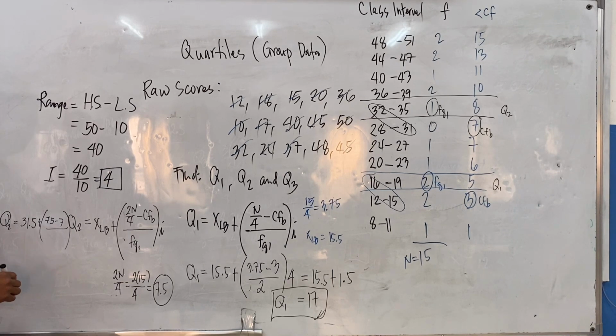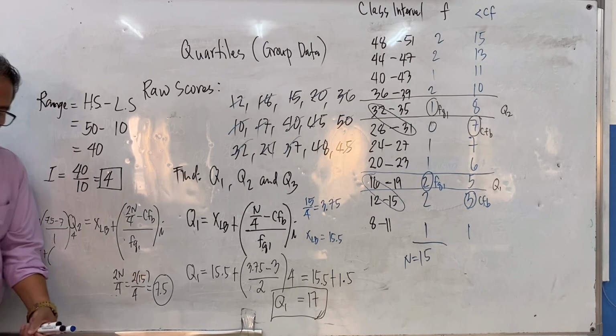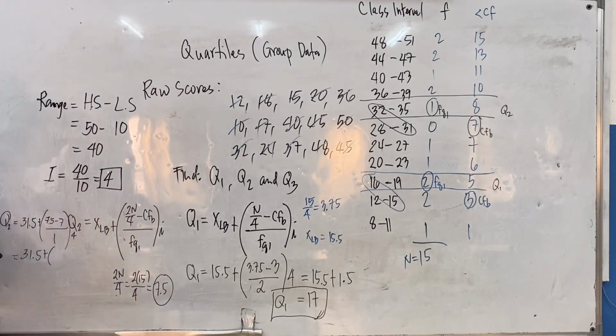Over 1 times 4. Then is equals to 31.5 plus 7.5 minus 7 is 0.5, divided by 1 is 0.5, times 4 is equals to 2. Okay, is equals to 2.